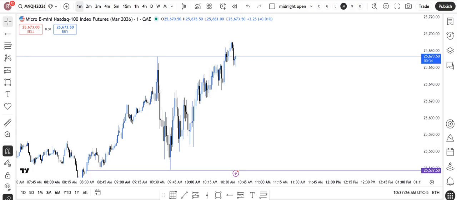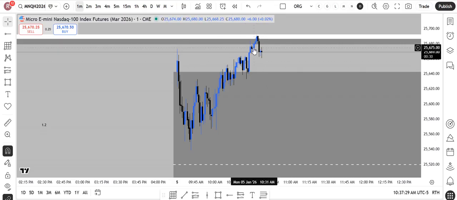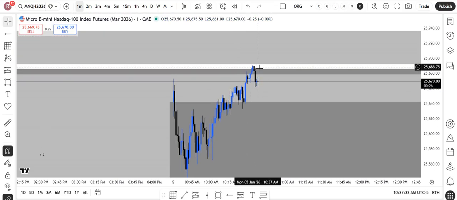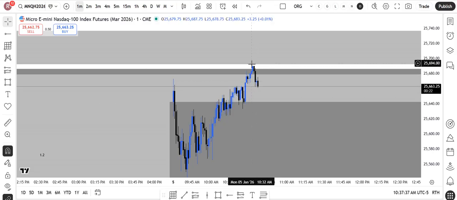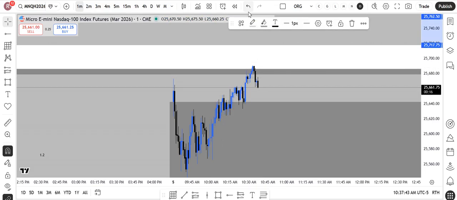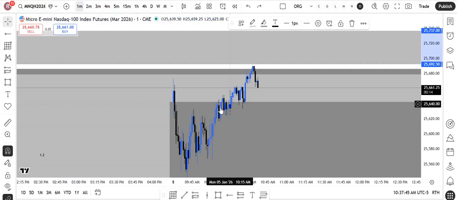Let's see. Opening range gap? No. Okay, where is the opening range gap? Okay, so told you it could have spiked up into this opening range gap. It hasn't done that yet. It stopped short of it. So where is the next stop? If it's still bullish, up here. Does it have to go up there? No, it doesn't. Am I interested in it? Not until it gets below these lows.